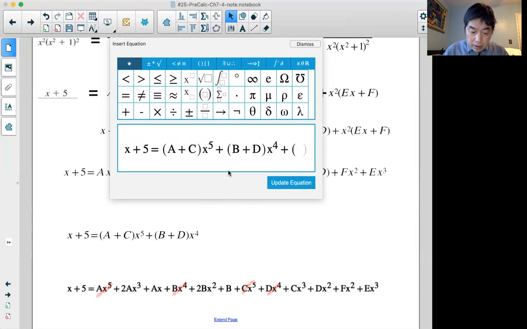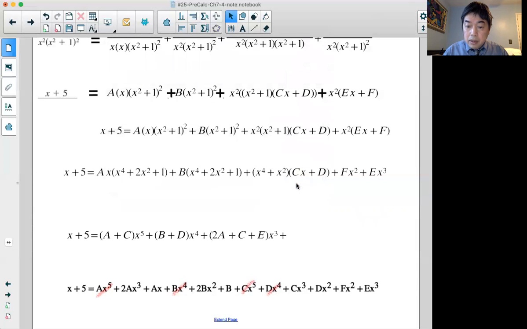Parenthesis 2a plus C plus E, and x cubed, plus. So now we took care of cubed, cubed, cubed. Now we have to take out a square here.